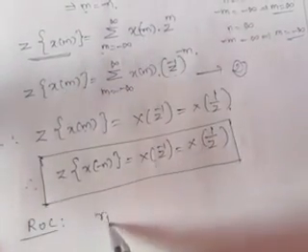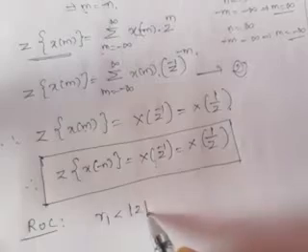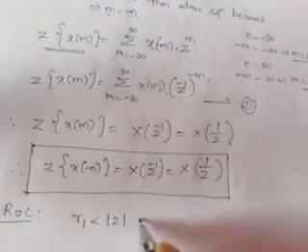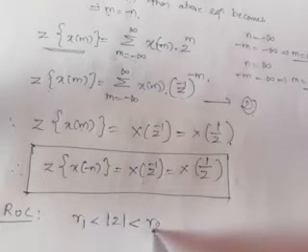Hence if the ROC of the given sequence is of the form R1 is less than mod z, which is less than R2.